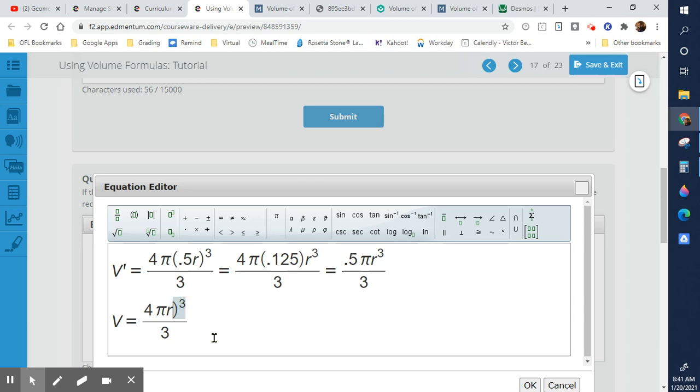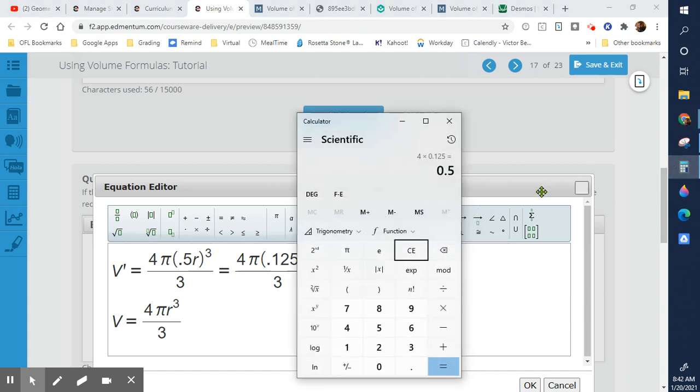We see that there's a huge difference because that 4 is now a 0.5. So even though we only cut our radius in half, let's see how many times smaller it's going to be. So we always do new over old. So 0.5 divided by 4, it's going to be an eighth bigger.